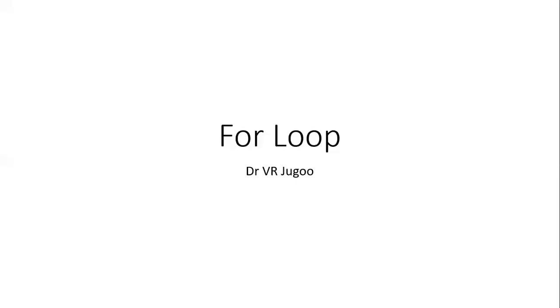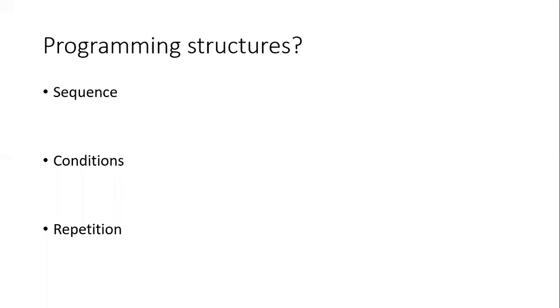In this video, we will learn more about looping, and in particular, we will look at how the for loop works. Let us look at the programming structures that we have learned thus far. When we first started programming, we looked at programs that had sequence.